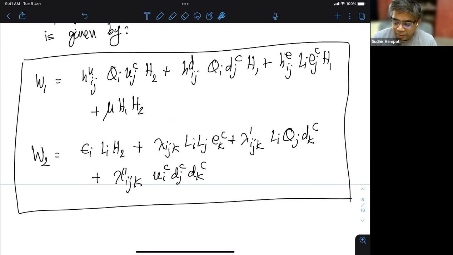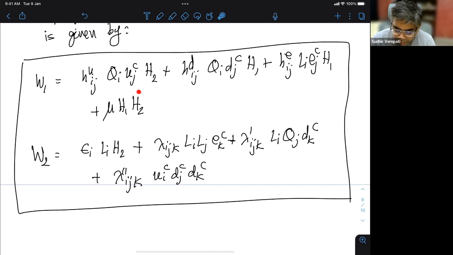So supersymmetry doesn't distinguish between a leptonic superfield and a Higgs superfield. Wherever there is a Higgs superfield H1, I can put L1. And that's precisely what I'm going to do.